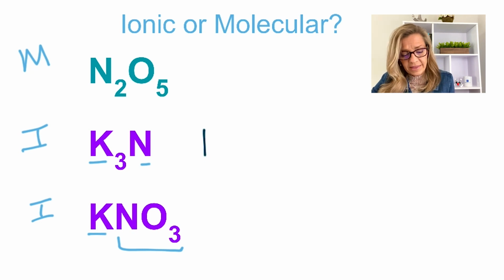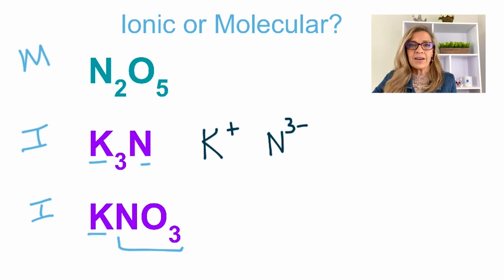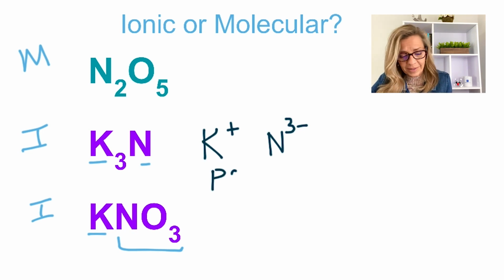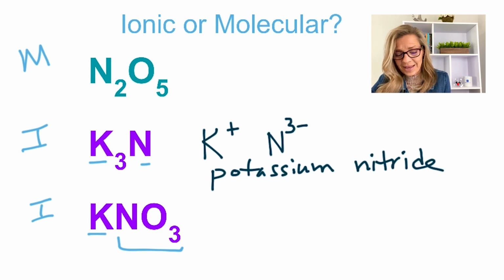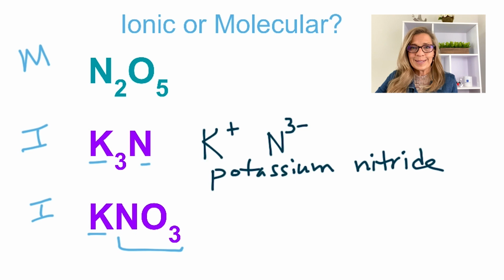So I see that this one was made of the K+ ion. That's what potassium makes. And then nitrogen makes the nitride ion. So name the compound. Potassium nitride. Don't tell how many, just name the two ions.